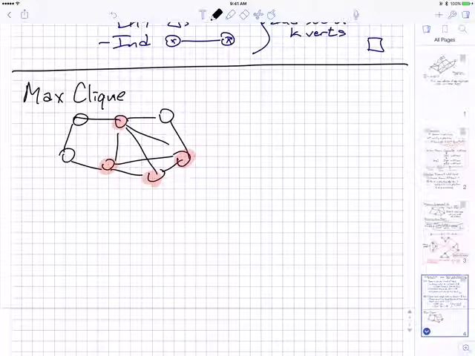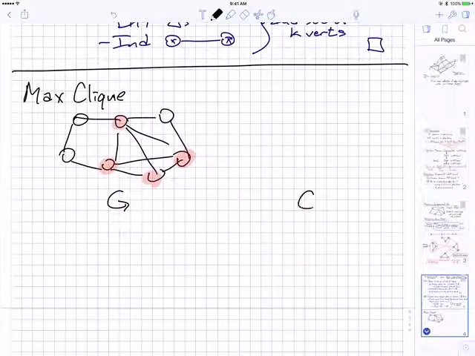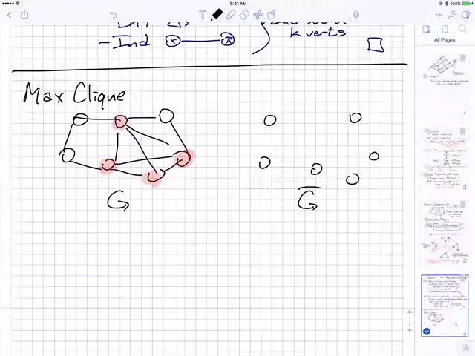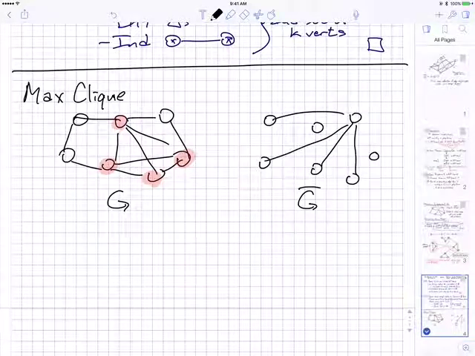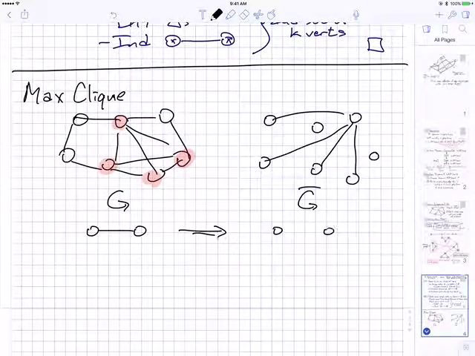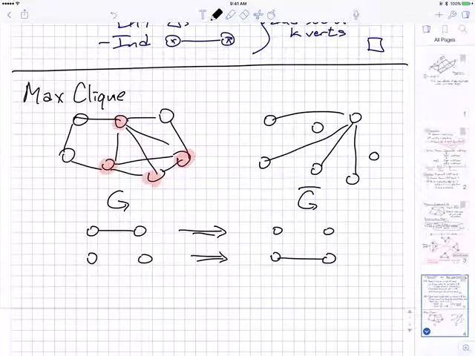Right. So I'm going to take this graph G, and I'm going to transform it into this graph G bar that has exactly the same vertices, but G bar has an edge in exactly the places that G doesn't. I'm not going to draw all of it. So the idea is that every edge is going to turn into a non-edge, and every non-edge is going to turn into an edge.